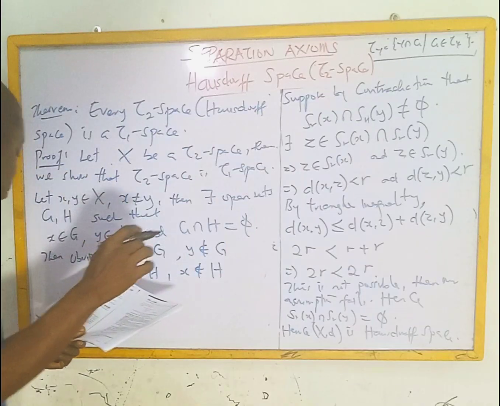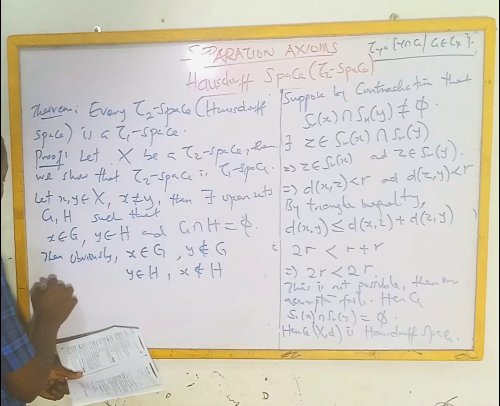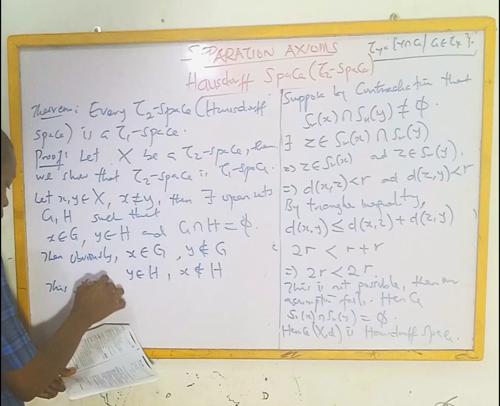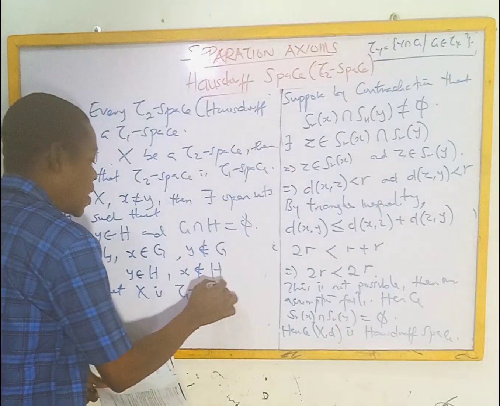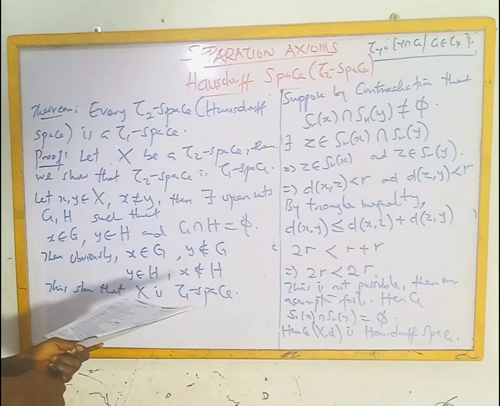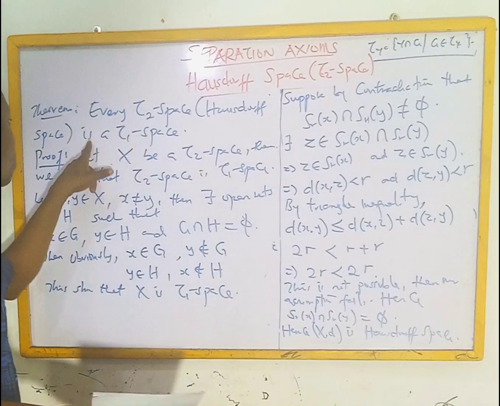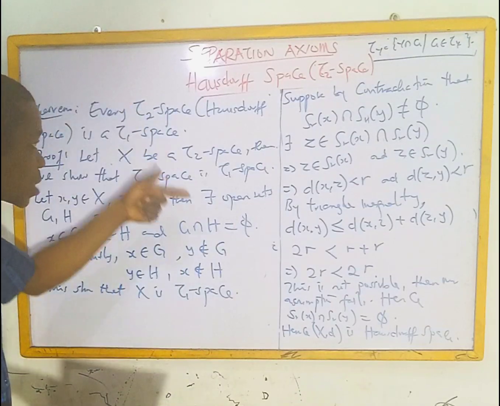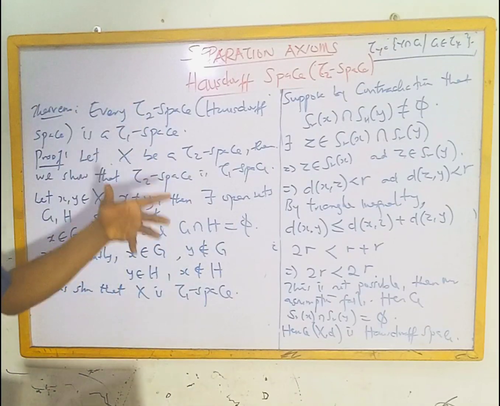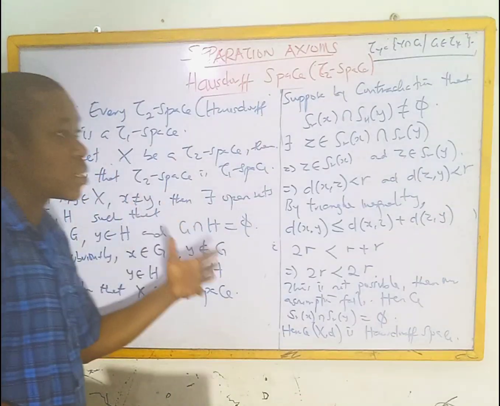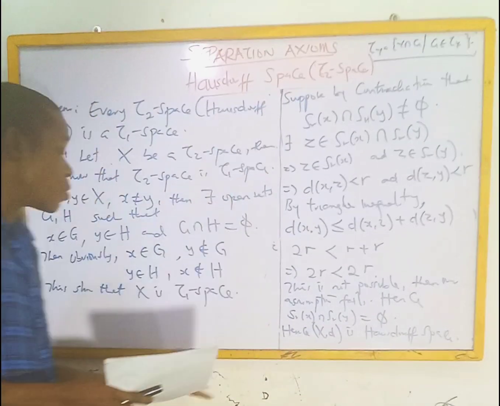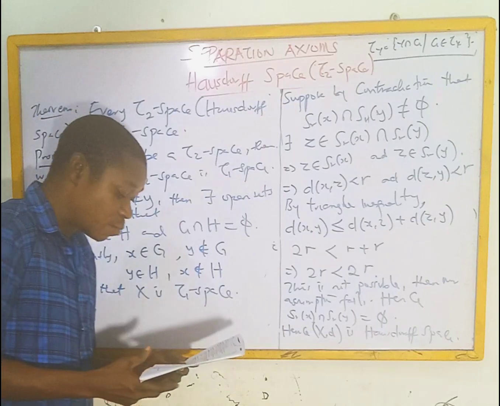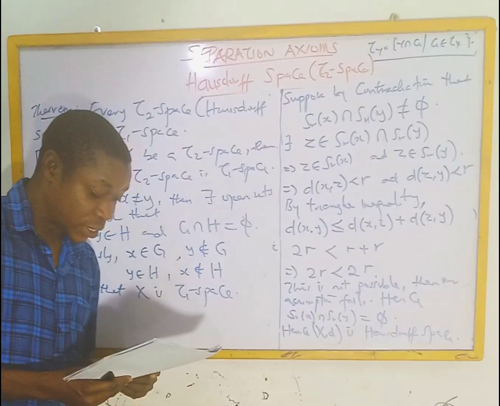This shows that X is a tau 1 space. That is the definition for a tau 1 space. So that's why every tau 2 space is also a tau 1 space. Likewise, you can show that every tau 1 space is also a tau 0 space, using the same procedure.